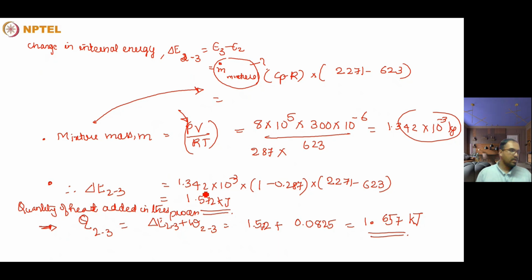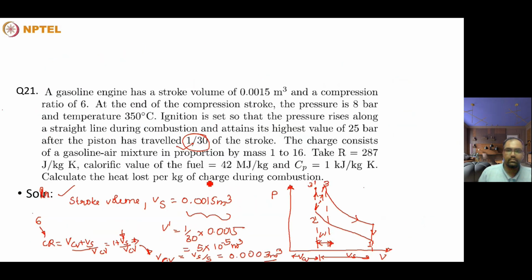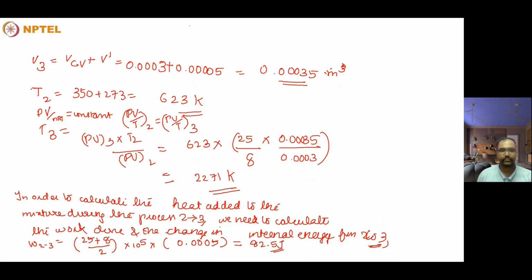In this particular problem, the charge consists of a gas and air mixed by proportion. The next step is to calculate the quantity of heat lost per kg during the combustion.